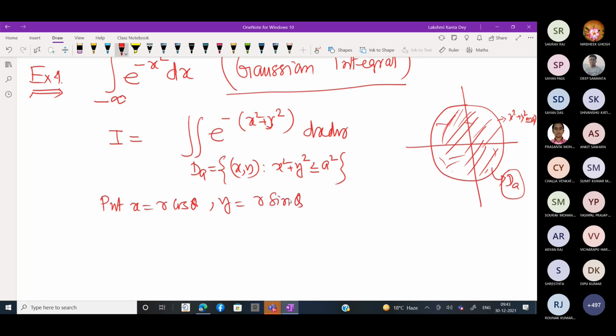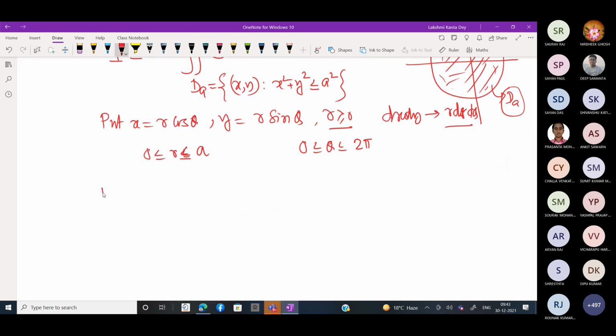In this case r will be greater than or equal to 0, and dx dy will be changed to r dr d theta. Theta will have the full rotation, 2 pi, and r goes from 0 to a, up to the radius.